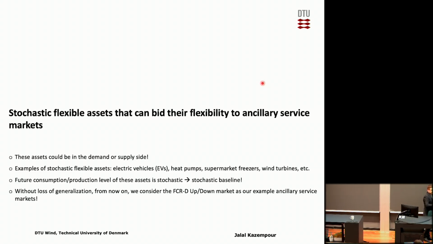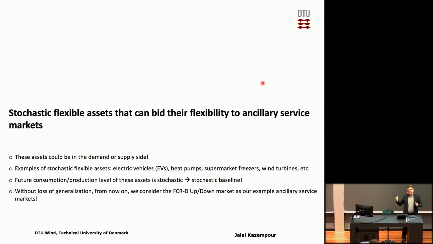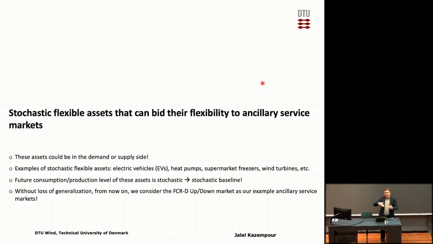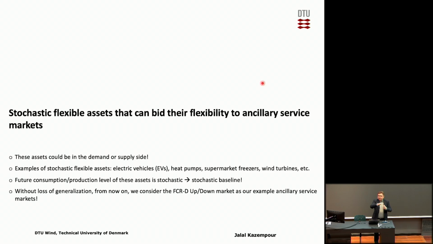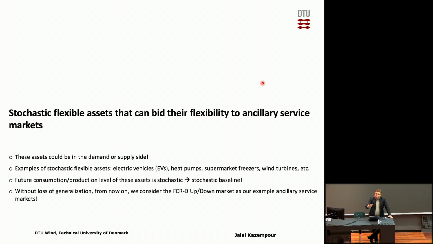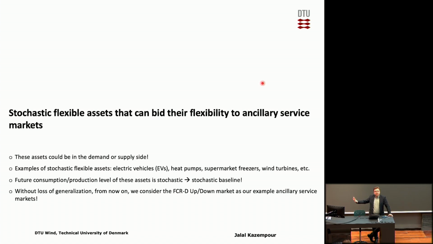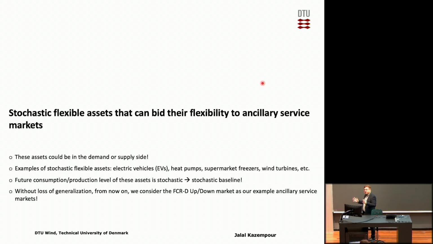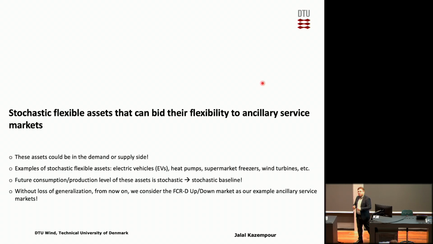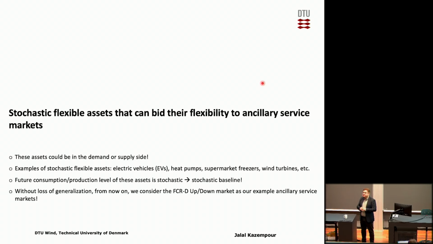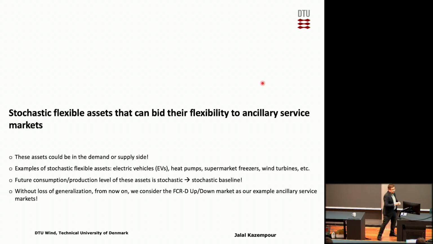For example, when one has more flexibility, the other has less, and the other way around, then it will help you have a good level of flexibility all the time. How to optimally aggregate assets to build a portfolio of stochastic assets is itself a big topic. But here I'm talking about how an aggregator with a certain portfolio can participate in Nordic ancillary service markets. Is it clear? Very good.